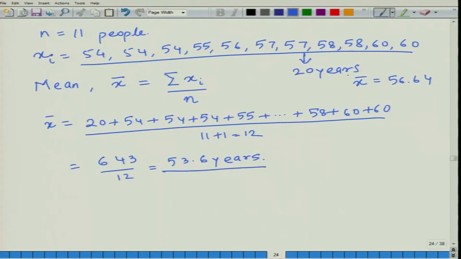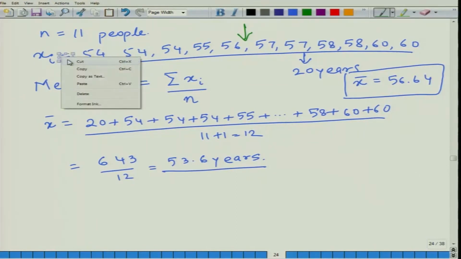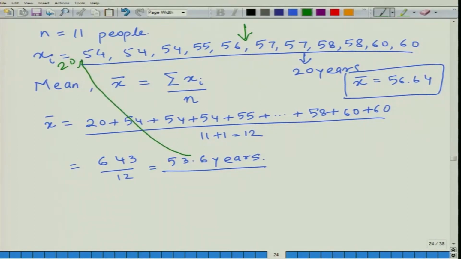Now, consider the original value 56.64 years. If you look at the distribution, we will find that 56.64 lies somewhere in between, but now that we have added a single value of 20 in front of it, this mean has become 53.6 years, which is right next to 20.